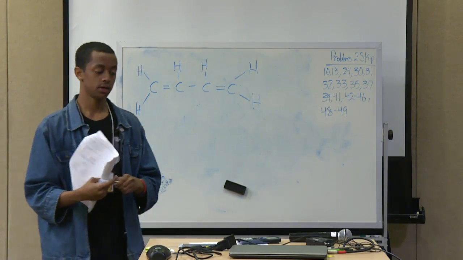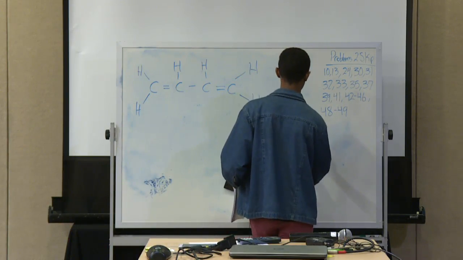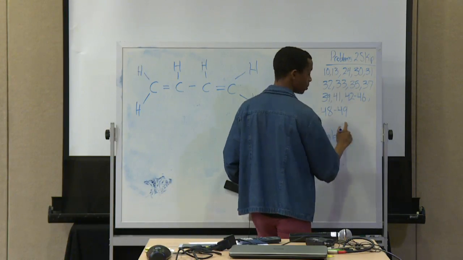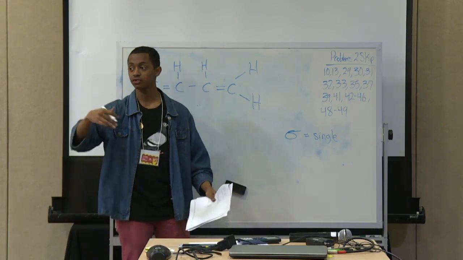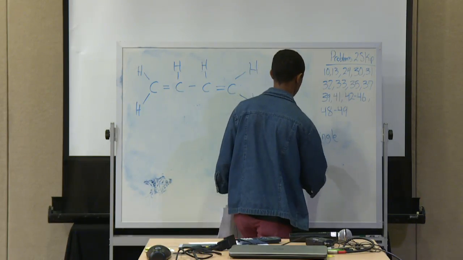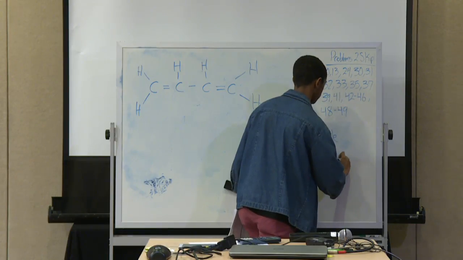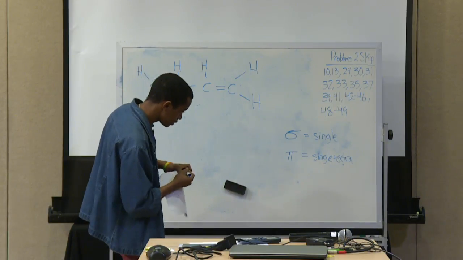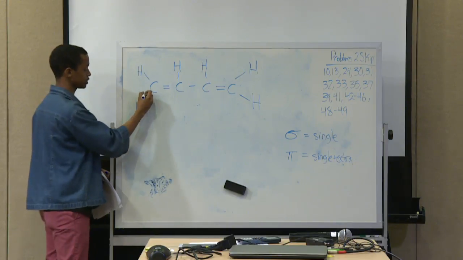Cool? Remember that sigma bonds are just the single bonds. One line. Cool? All right? Anything after one line is a pi bond. So it's the single plus extra. And if that doesn't make sense, it'll make sense here when I do it now with this. So this single bond right here, this is just a sigma.